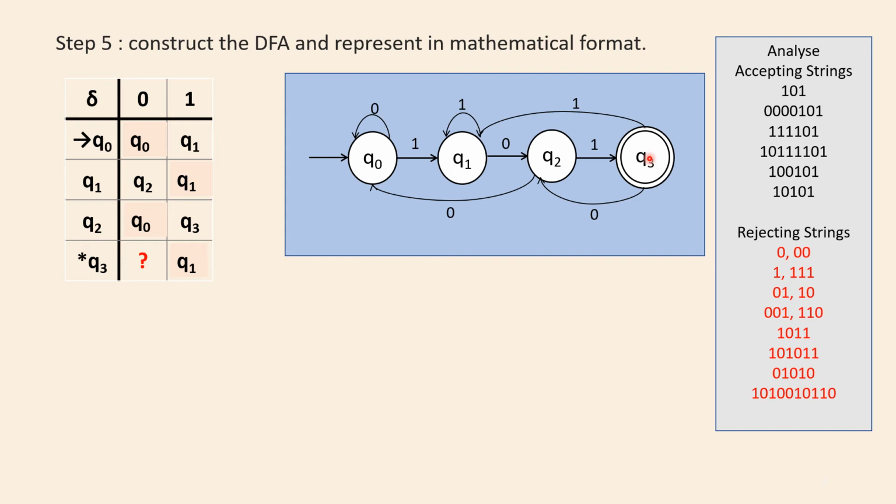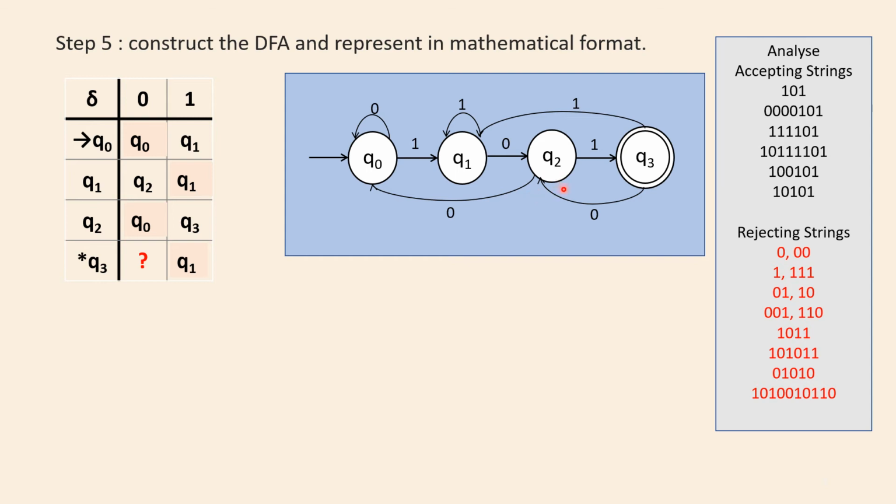Now if I have n number of zeros in between, 101, n number of zeros and again ending with 101, what happens? 101. The first 0 goes from Q3 to Q2 and again the second 0 goes from Q2 to Q0, and then n number of zeros get looped in Q0 and then 101 goes to the final state.